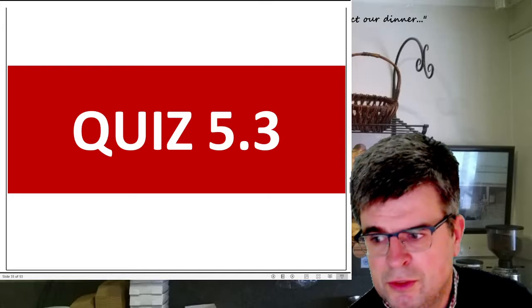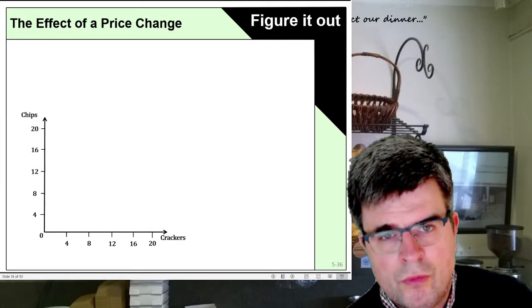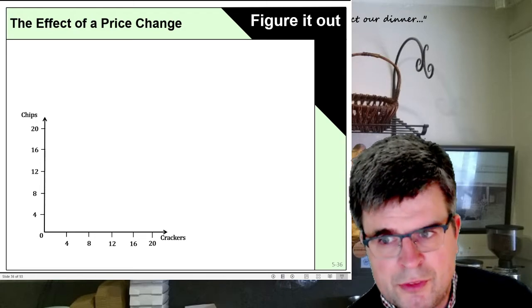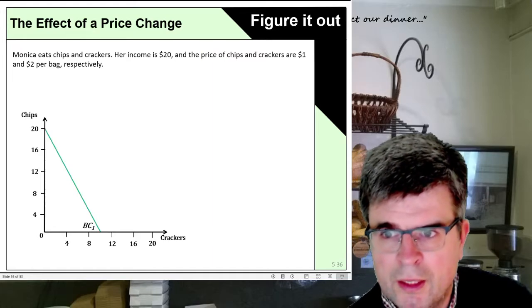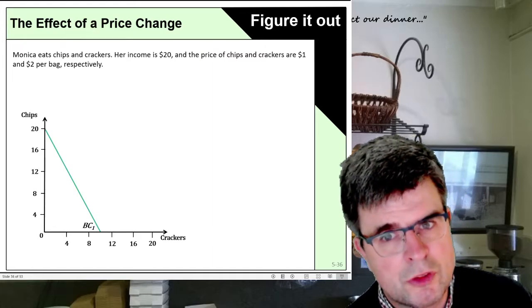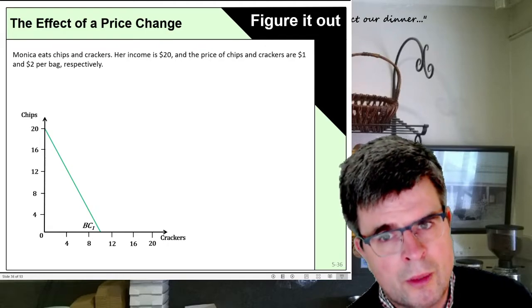And this brings us to the quiz. Figure it out, the effects of a price change. We have chips and crackers, and Monica eats chips and crackers. Her income is 20, the price of chips and crackers is $1 and $2 per bag.